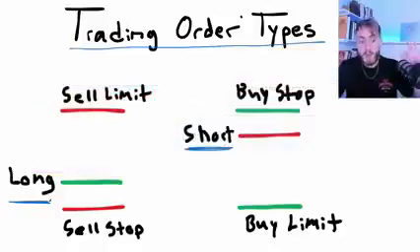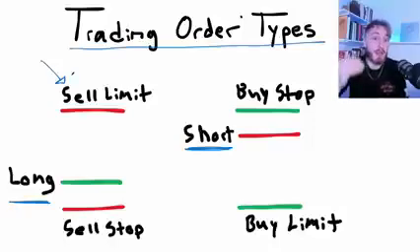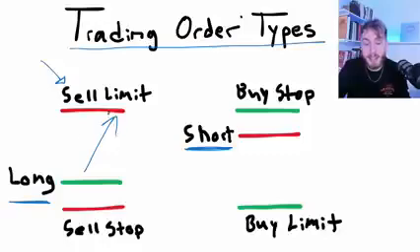But for now, when it comes to going long, remember here that the limit order is always at a better price. So your sell limit, because you always want to sell for as much as possible, you can see that the sell limit is above the price where you go long. So this is the case where you go long at market. You place a market order.